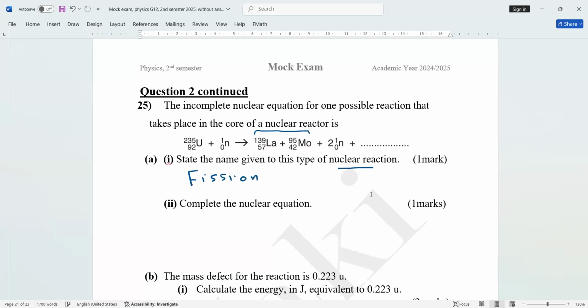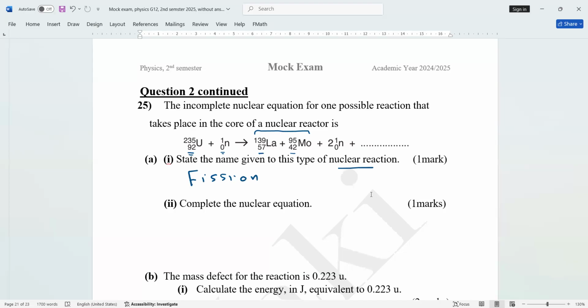Complete the nuclear equation. Now, here we don't know what is the value of this. This is a neutron. So on the left we have 92 plus 0, it's 92. And then on the right 57 plus 42. Just to check, do we add an electron or positron? The left side is 92.